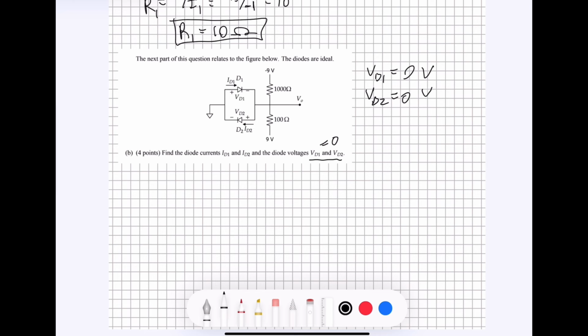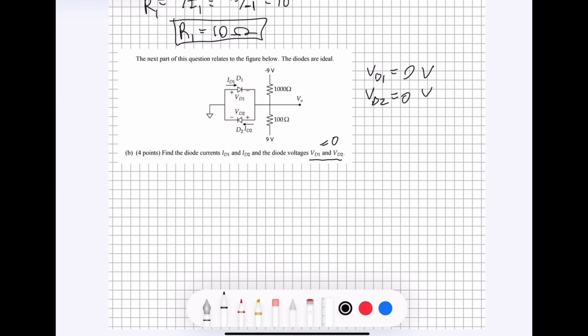All right. And then we also know that because the current can only flow in one direction at a time, and both of these diodes are in opposite directions, the current is only going to flow through one branch of these two diodes at once. That means that if the current is going through here, there is no current through here, and if the current is going through the second diode, there's no current in the first diode at all.